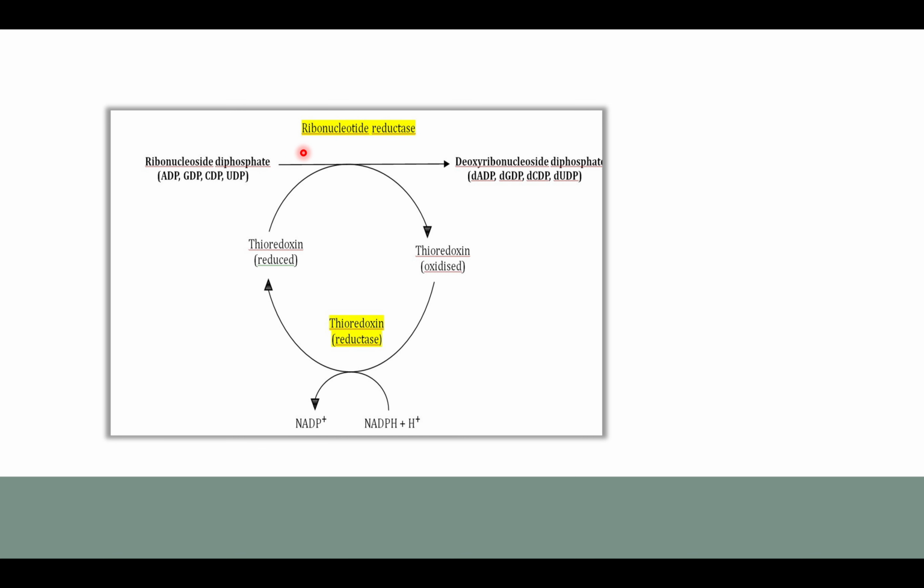So this ribonucleoside diphosphate gets acted upon by the enzyme ribonucleotide reductase, which in turn converts thioredoxin from reduced to oxidized form, and this oxidized form is further acted upon by the enzyme thioredoxin reductase, which in turn converts NADPH to NADP plus, forming thioredoxin in reduced form, which gets further utilized in the ribonucleotide reductase activity, forming deoxyribonucleotide diphosphate.